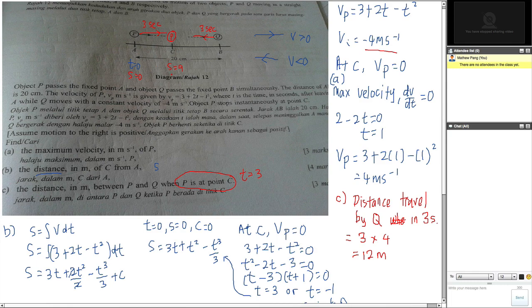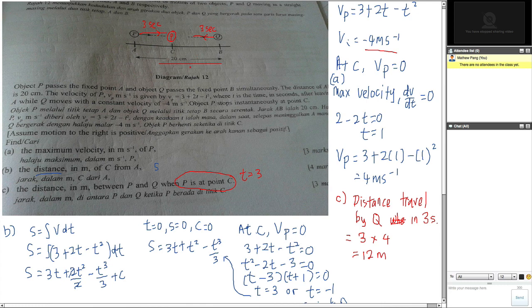I think we do not need the displacement here, so maybe I just erase some of the things here. Okay, I want to draw something. So the particle travels from B, let me change some color. The particle travels from B 12 meter toward this direction, right?